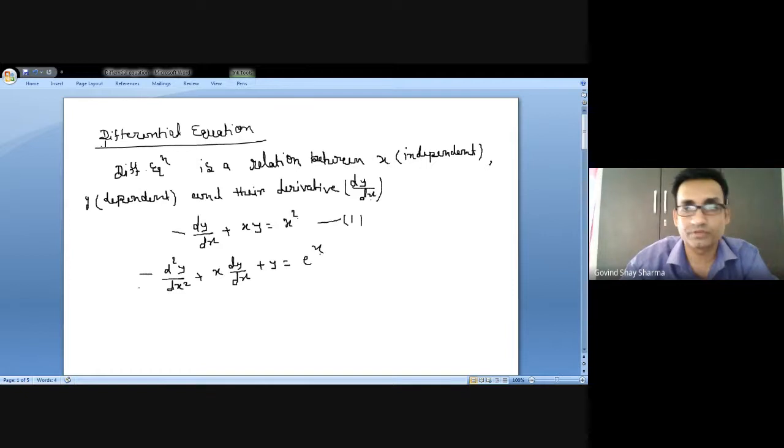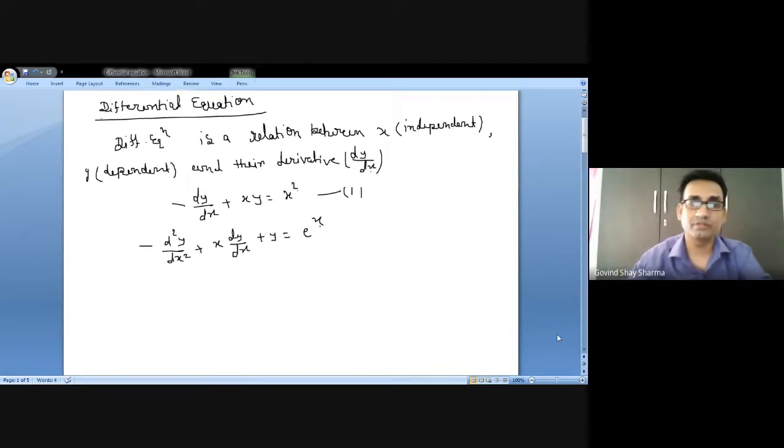The both differential equations have a difference. If you see, here in equation first we use dy upon dx, and here in equation 2 we use d2y. So what is the difference between them? Here we use higher order derivative.